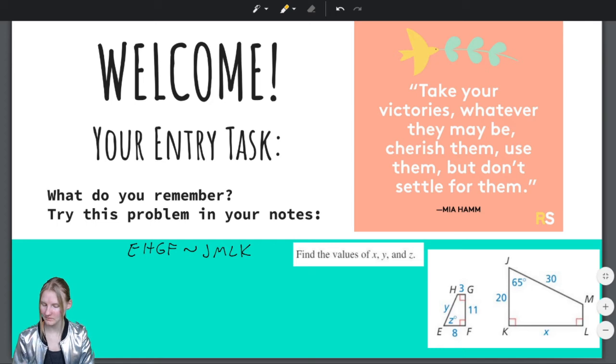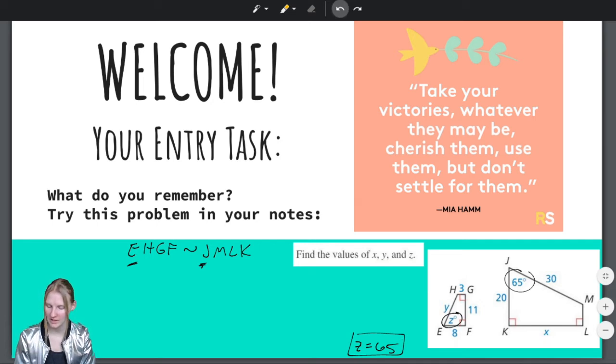First thing I notice is angle Z. Angle E corresponds with angle J, so Z must be 65. Now, some of you are like, isn't it 65 degrees? Well, Z already has the degree symbol next to it, so Z is 65.